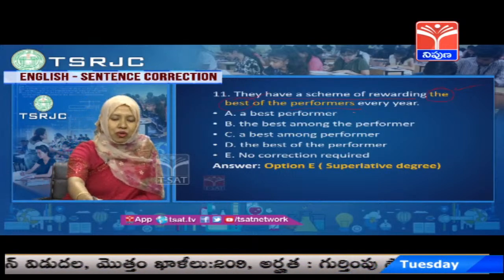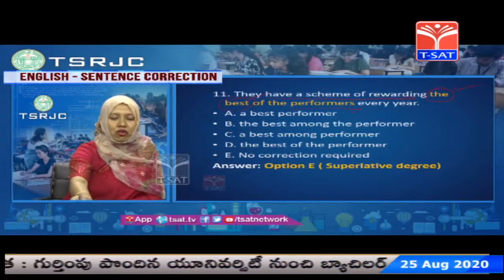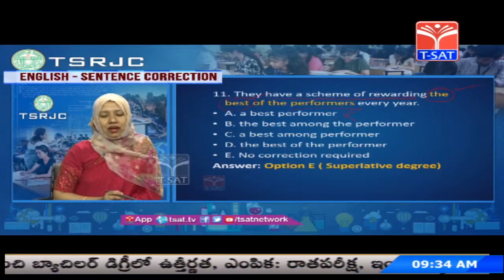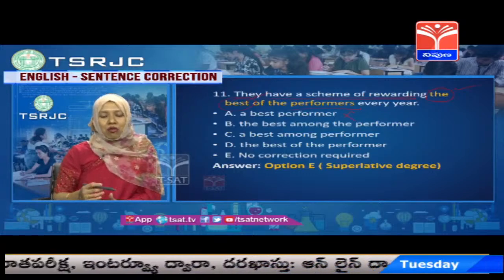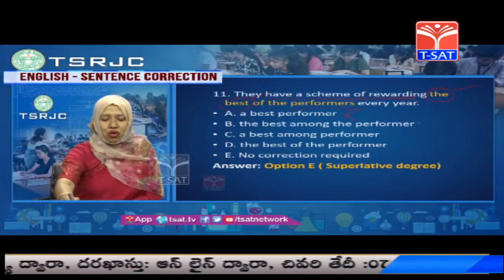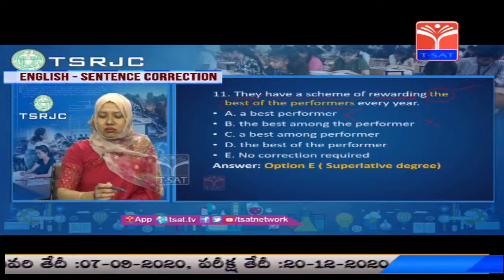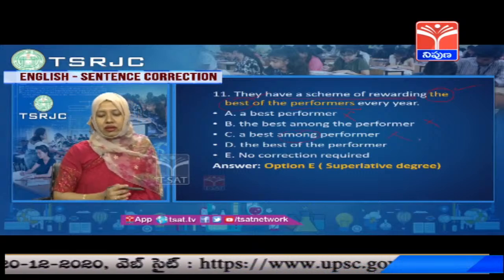So option A, a best performer, is wrong. The best among the performer is also wrong. A best among performer is not correct.